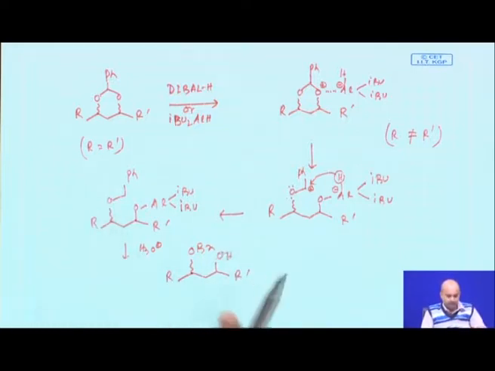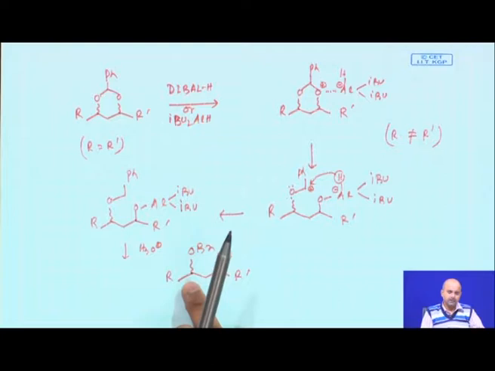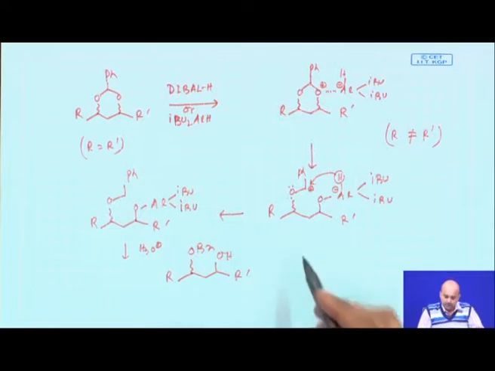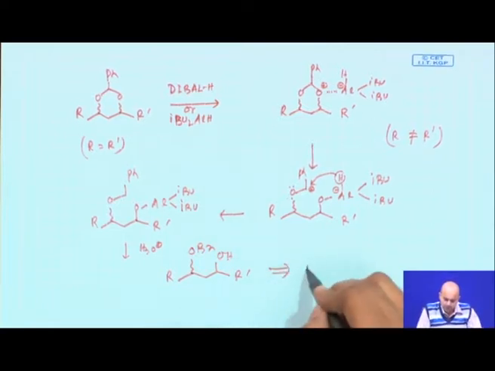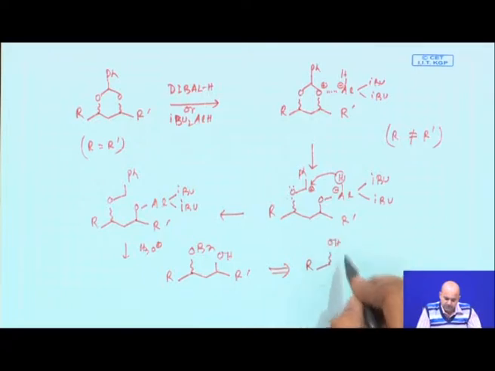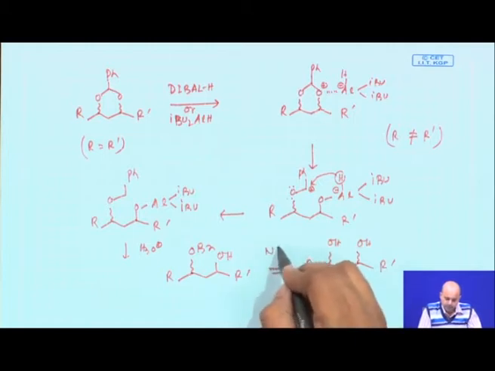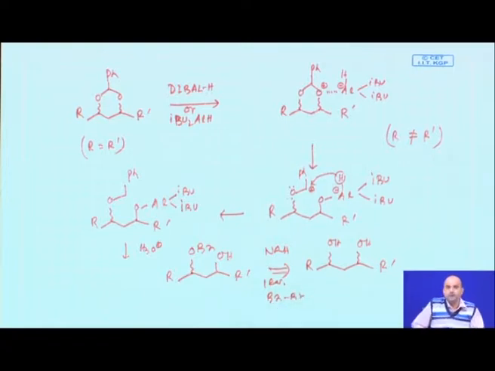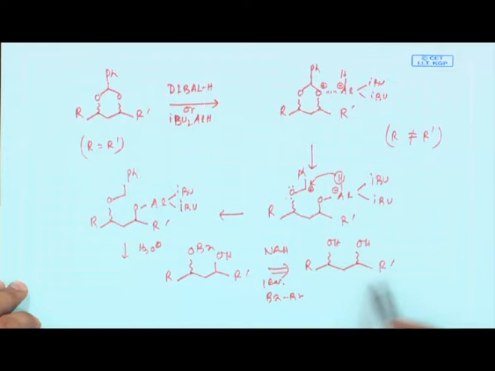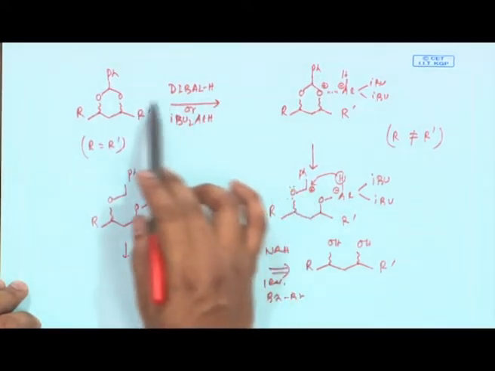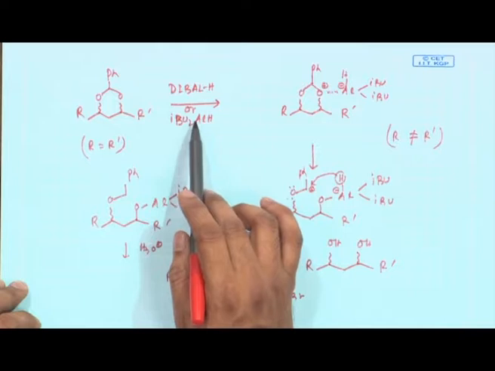Now, this is basically a simple monoprotection of a 1,3-diol, but without using a base and sodium hydride. In principle, this reaction you can also do if you have this diol by using sodium hydride and one equivalent of benzyl bromide, which we said earlier you can do if you have similar kinds of functional groups which are chemically equally reactive. But if you are not using a base, you can also do the same kind of protection by using a different reagent system.